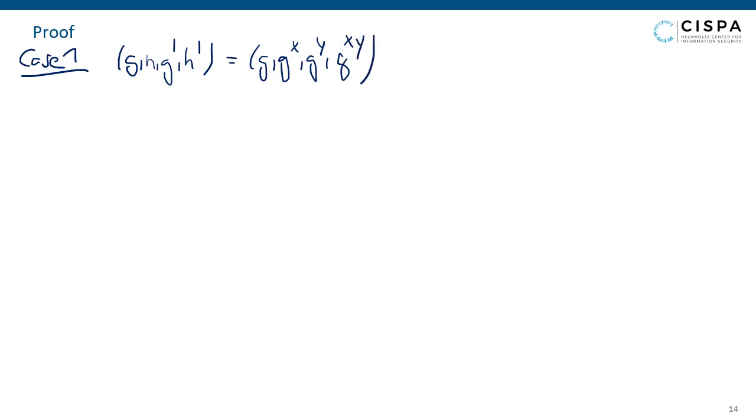In case 1, the input G, H, G', H' is of the form G, G to the X, G to the Y, G to the XY. This was the first distribution in the DDH problem, a transcript of the DDH key exchange protocol. So what happens in this case?